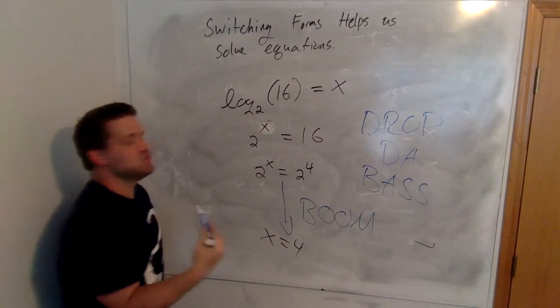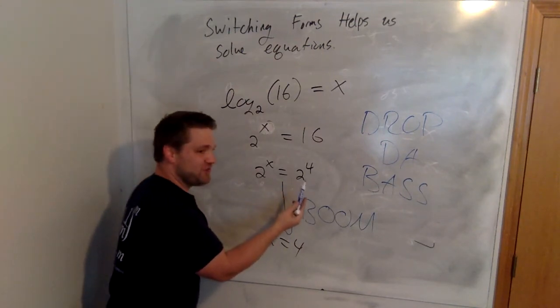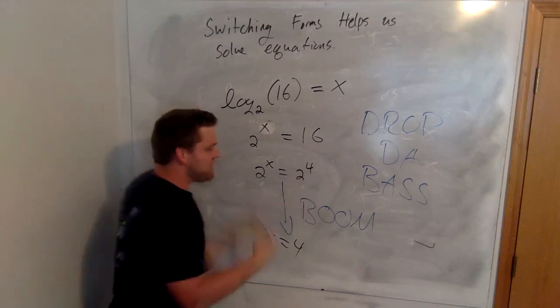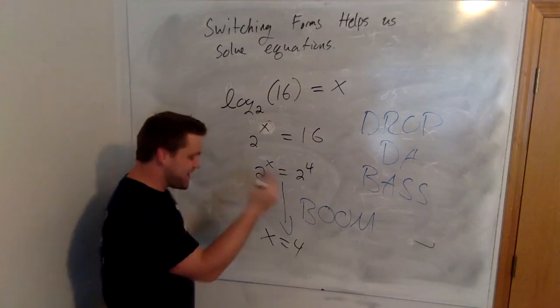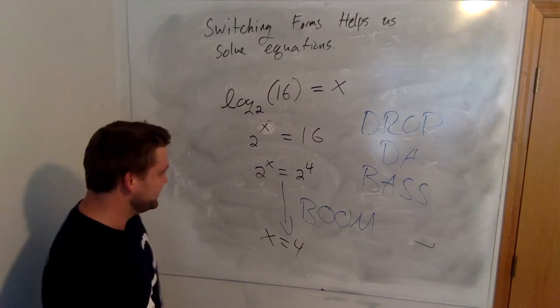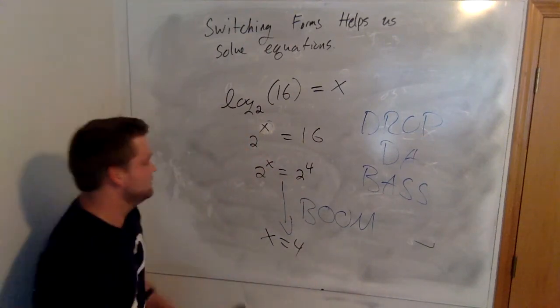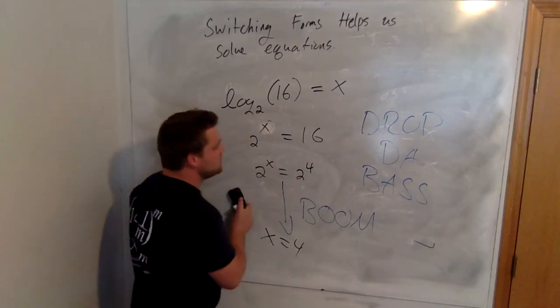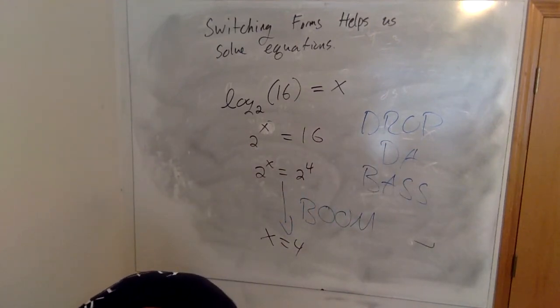This is a bad dubstep joke. If we have two exponential functions and they have the same base, drop the base. So here we have that x is equal to 4. So that's the dropping the base method. Okay, this is great. Let's do another example.